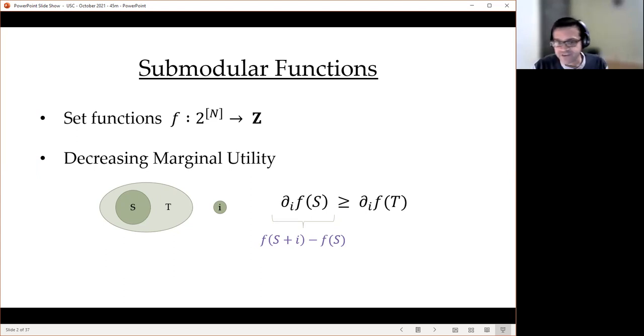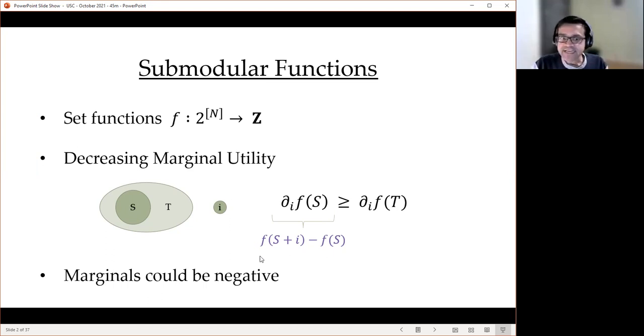So if you think of f of S as the happiness you get if S is the set of items given to an agent, then delta I f of S is the marginal utility of this item that you don't have, given that you already have S. And this says that if you have more, then your marginal utility is diminished. So that's the connection with economics. Now, I would make a remark here that this increase could be negative.